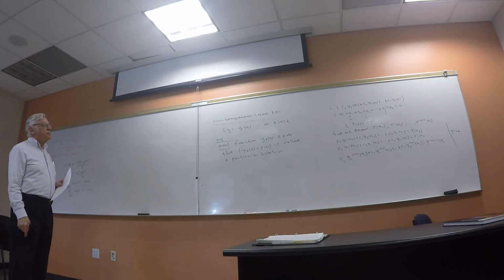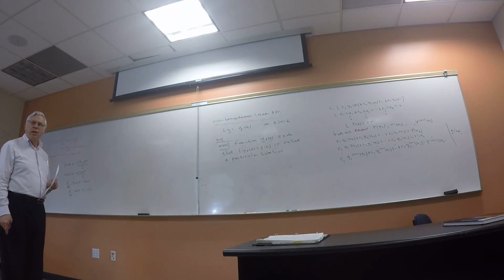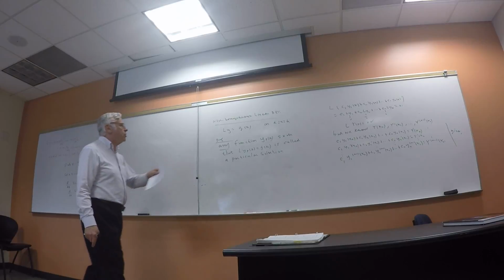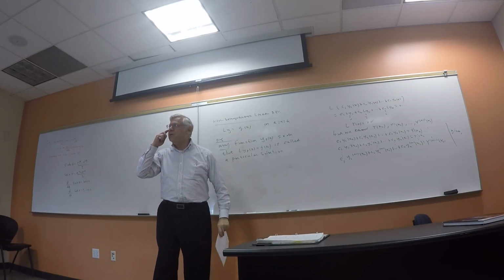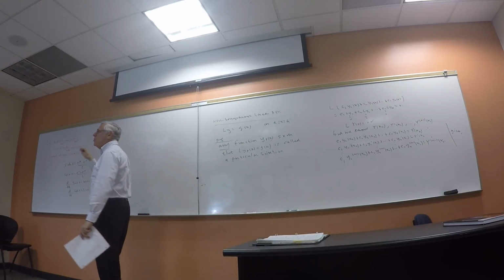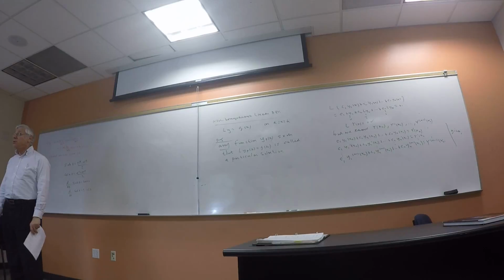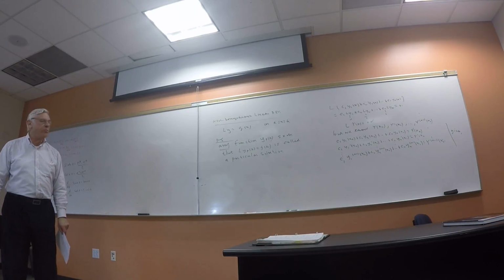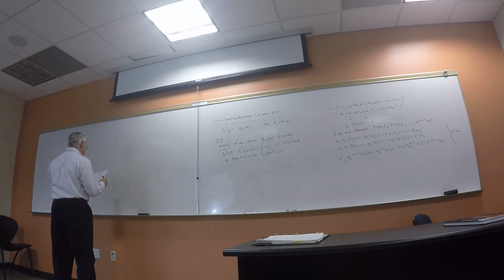So the question is the following. If I have a particular solution, and I also have the most general solution to the homogeneous equation, L on y equals 0, is there some way of piecing those two things together to get the most general solution of the inhomogeneous equation? And there is. The end result is very, very simple. Let me just state it first, and then we'll prove it.